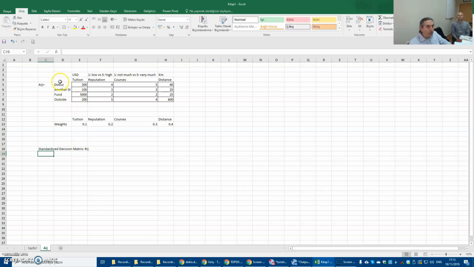So to do that we need to get Rij put here equals, we need to get these alternatives here and criteria here, right?